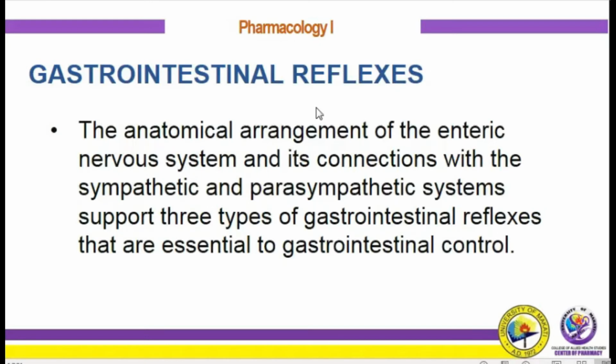Let's go now to the gastrointestinal reflexes. The anatomical arrangement of the enteric nervous system and its connection with the sympathetic and parasympathetic systems supports three types of gastrointestinal reflexes that are essential to gastrointestinal control.